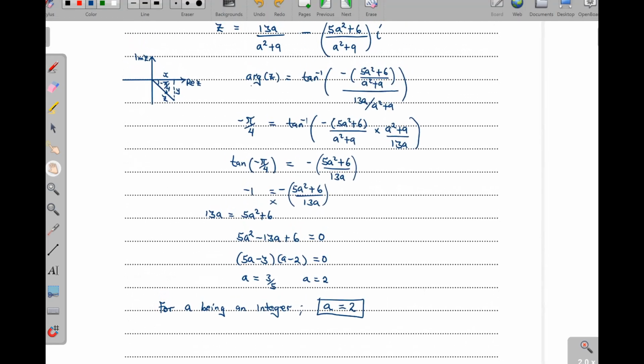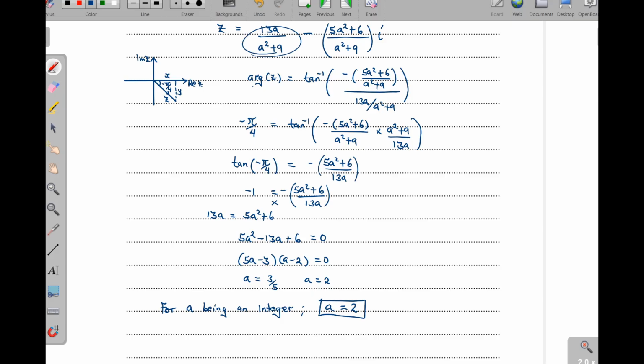up here. Our z is this one. So therefore, z is going to be 13 times 2 out of 2 squared plus 9, then minus 5 times 2 squared plus 6 out of 2 squared plus 9, like that.